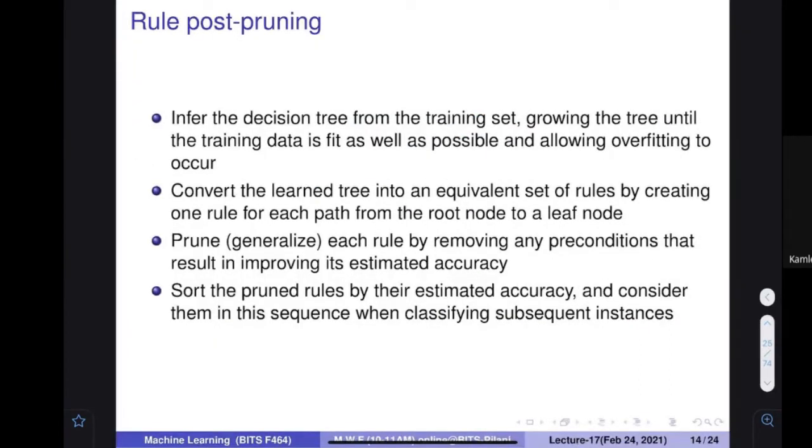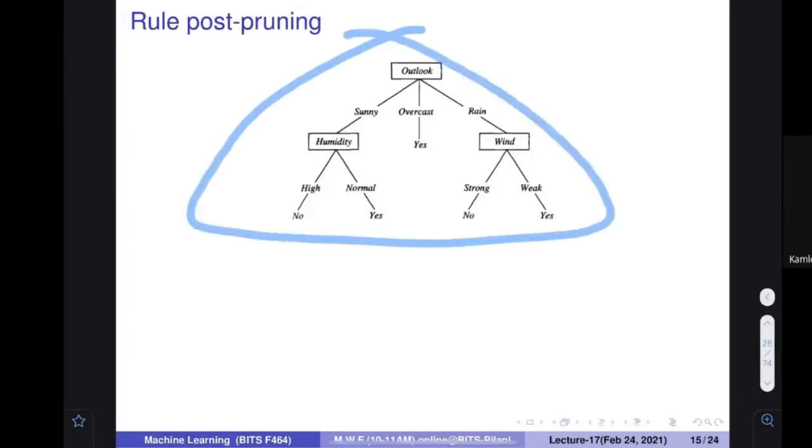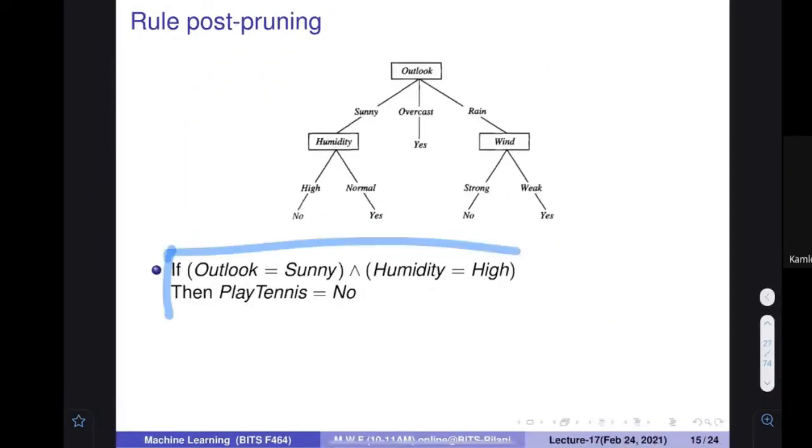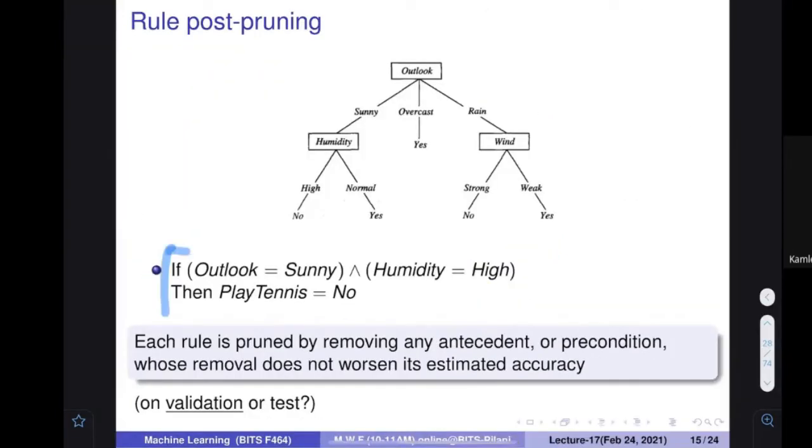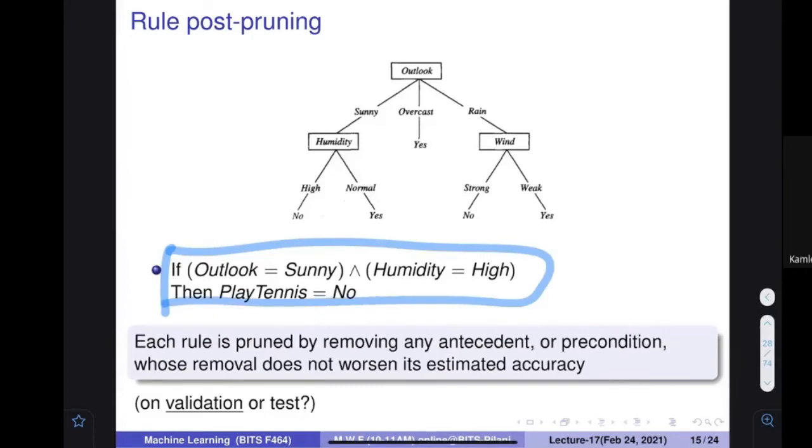Another method is called rule post pruning, which is also an interesting idea. If you have a tree, you can represent it as a hypothesis in this way. When you have, for example, humidity equal to high, you can put a question mark over it, which is a more general way to represent it and simplifies the rule.